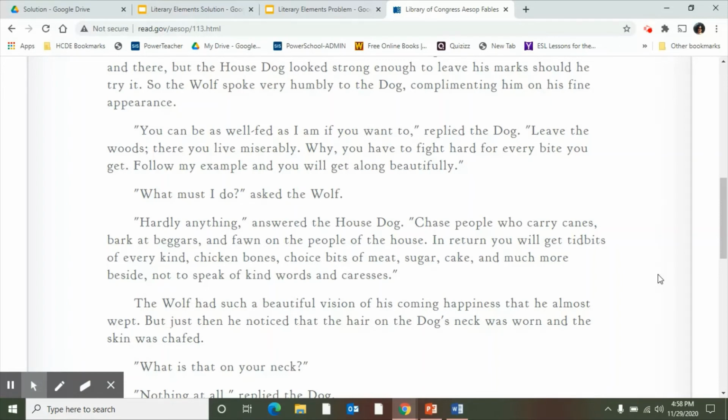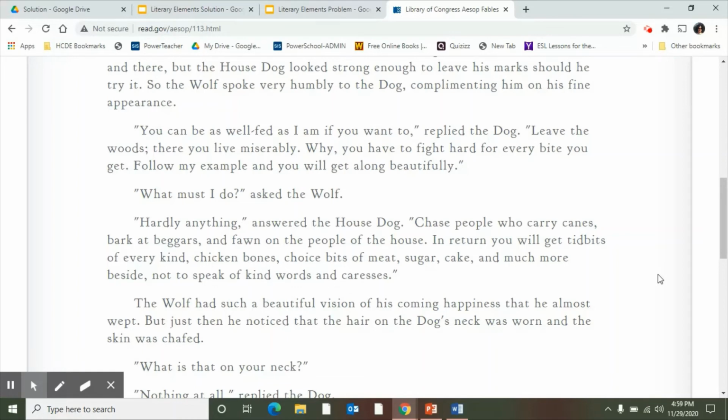"Chase people who carry canes, bark at beggars, and fawn on the people of the house. In return, you will get tidbits of every kind: chicken bones, choice bits of meat, sugar, cake, and much more besides. Not to speak of kind words and caresses."